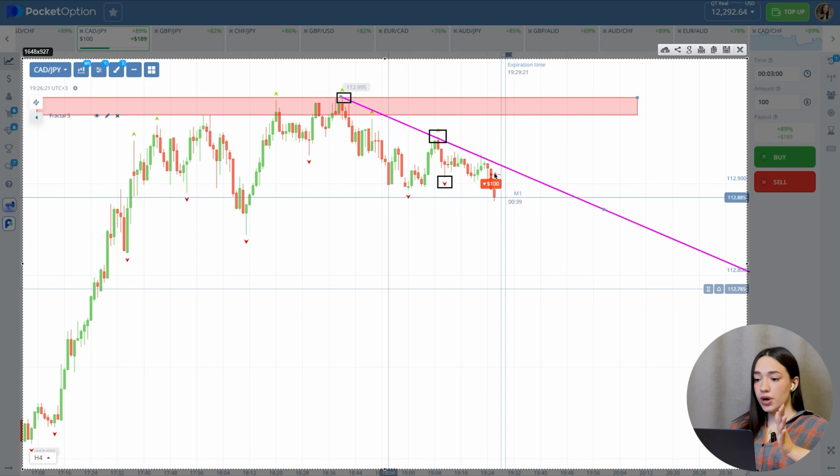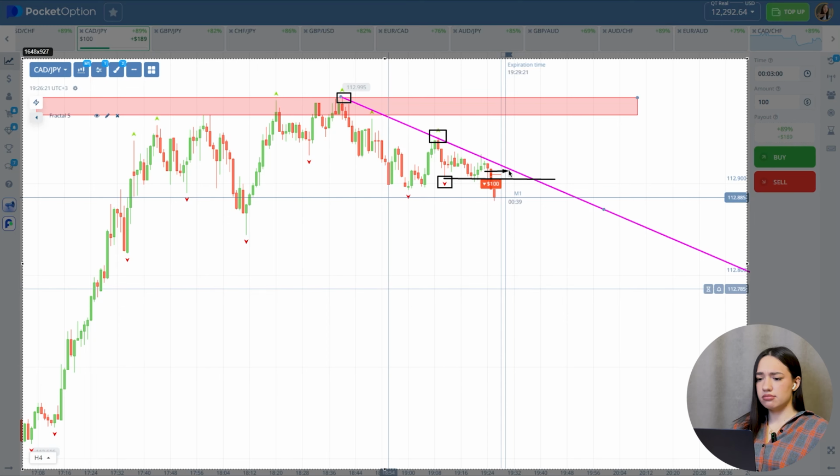And guys, by the way, if we had been more attentive, here we also had an attempt to form a new fractal. And from this level, we had a breakout of the previous fractal. In theory, this is a small signal that there is potential for further downward movement.